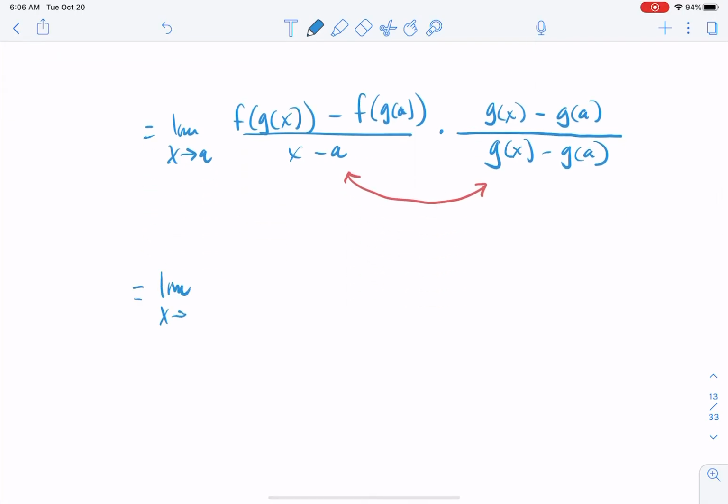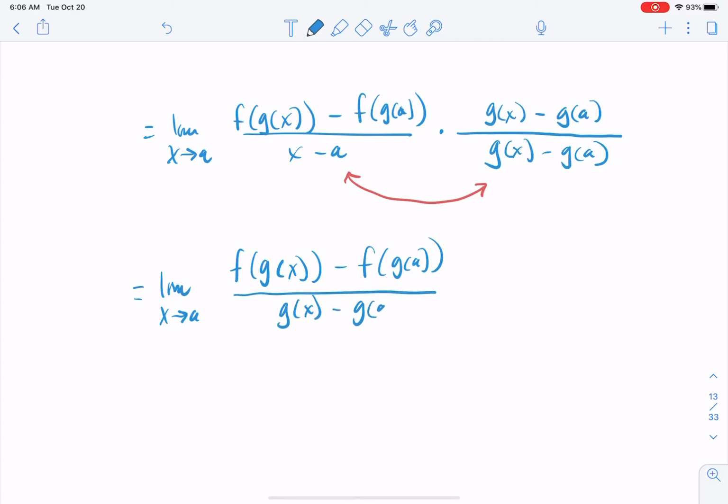Limit as x goes to a of f composed with g of x minus f composed with g of a over g of x minus g of a. Maybe it doesn't look like we did anything, but it's very significant. And then we multiply that by g of x minus g of a over x minus a.